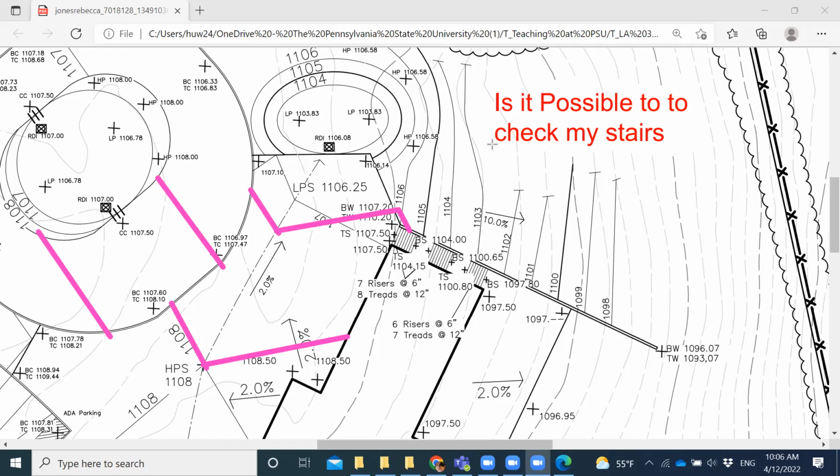That's 07. This corner will be close to 1107.2 because you basically measure that based on the distance from here to there, right? So that is 1107.2. That is probably 1107.1. Starting there, those are your top of stairs elevations.